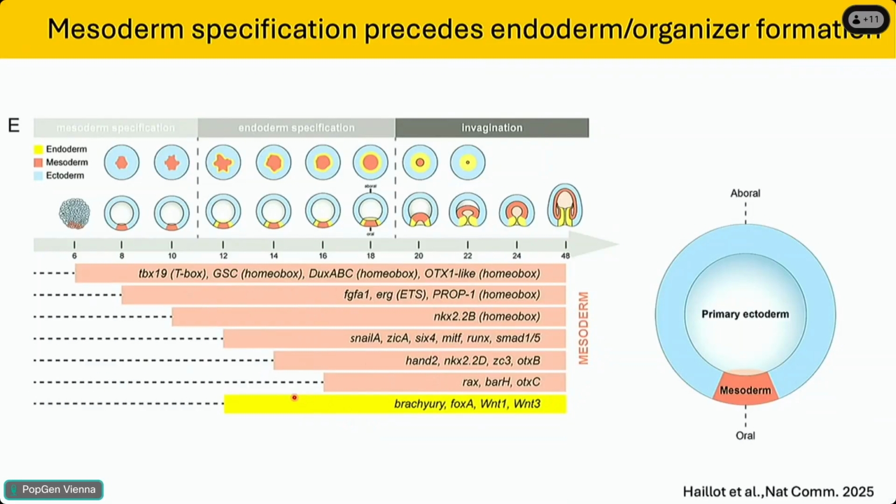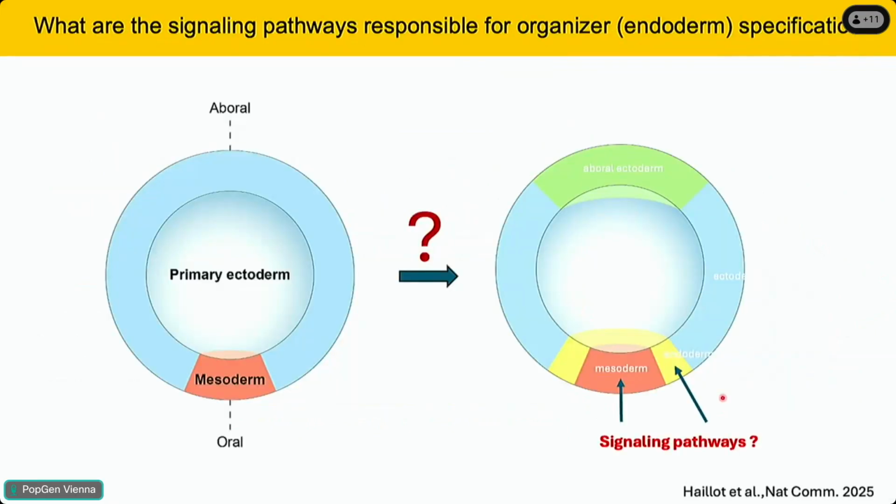And what you see by the temporal gradient is that a little bit later, only at about 12 hours of development, some endodermal markers come on. So the first thing that happens is you segregate only two different types of layers, mesoderm versus ectoderm. So the question is, if you start with that, how is that endodermal ring of tissue surrounding the mesoderm actually initiated?